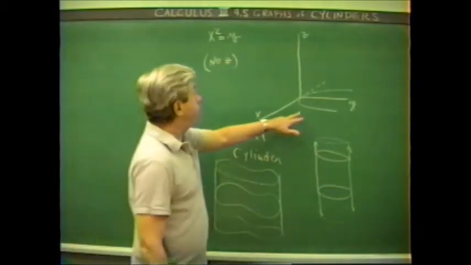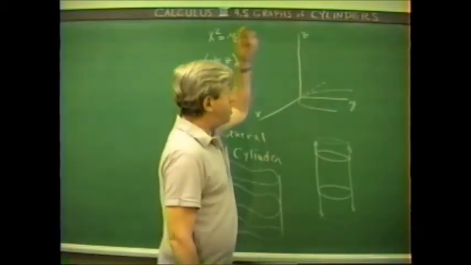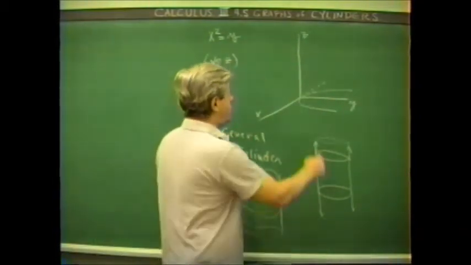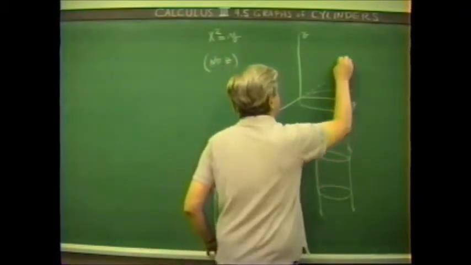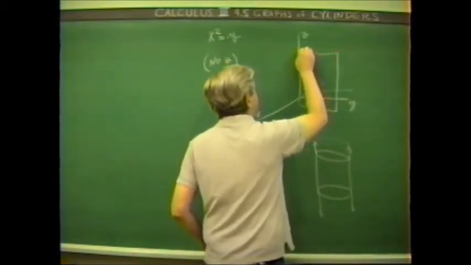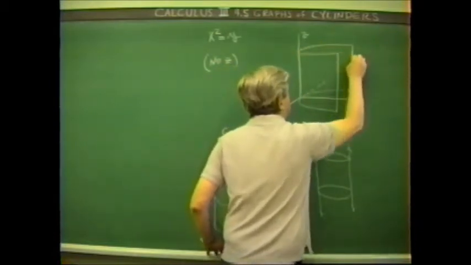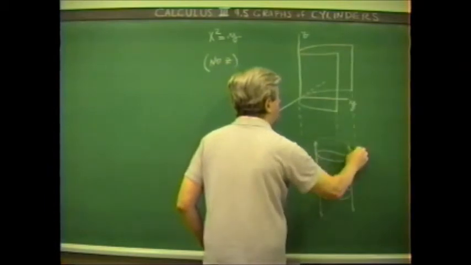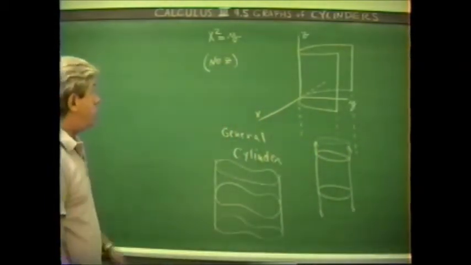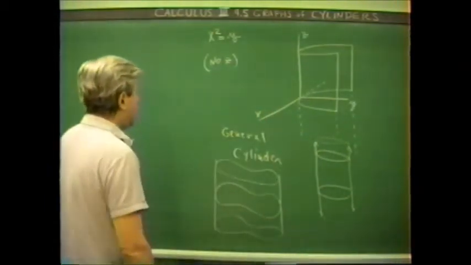Now, every point directly above this parabola will also satisfy this equation, so consequently, the graph of this looks like this, and going downward in this direction also. It's a general cylinder.